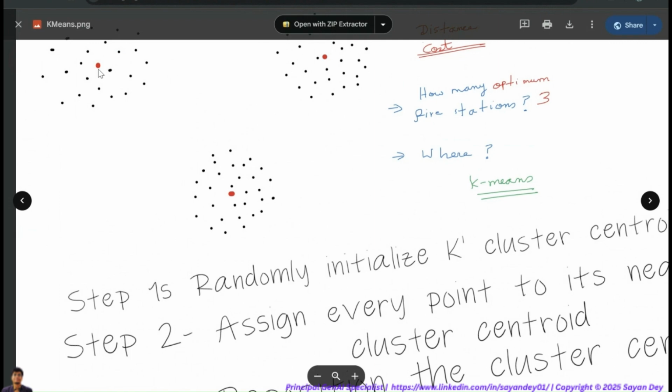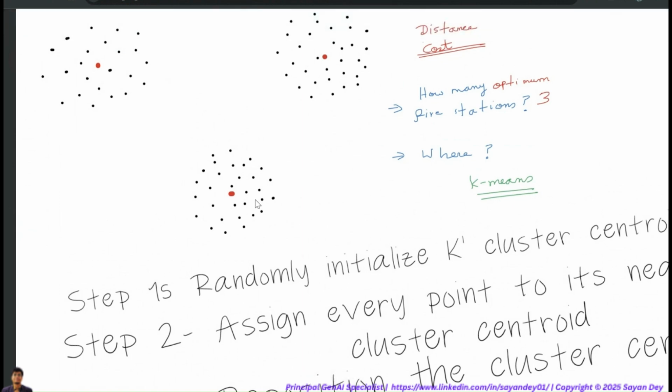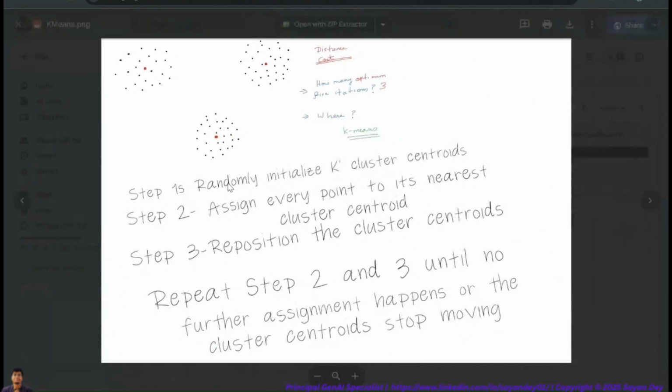We can very clearly see that there are three different groups and clusters. And B, we are trying to find the centroids of the clusters. That is exactly what the algorithm will help us achieve.